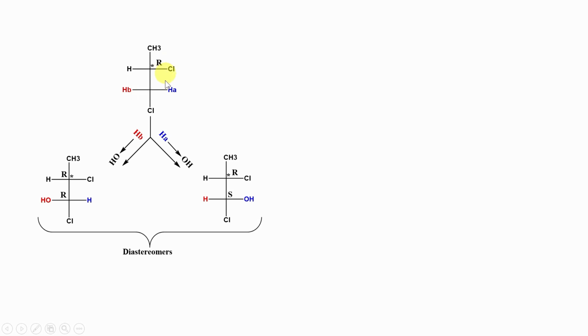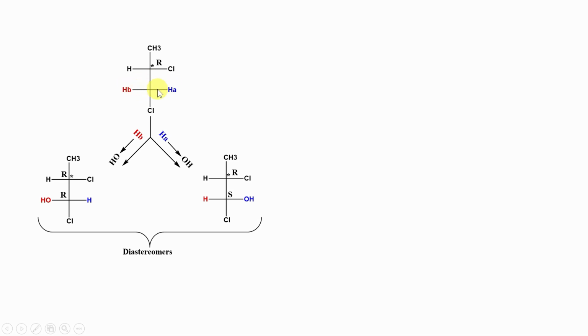Okay, see this molecule. It is 1,2-dichloropropane, which has a chiral center here, and this chiral carbon atom is attached with another achiral carbon atom containing these two hydrogens.